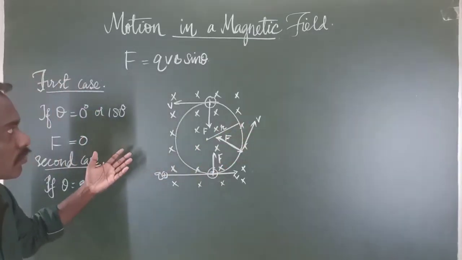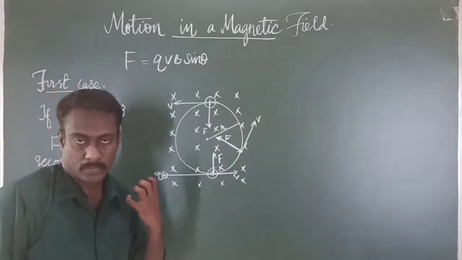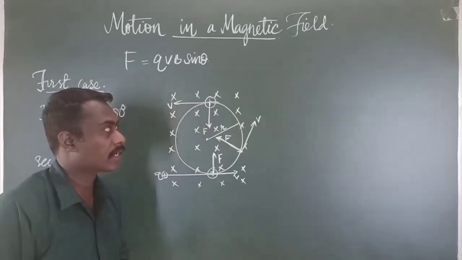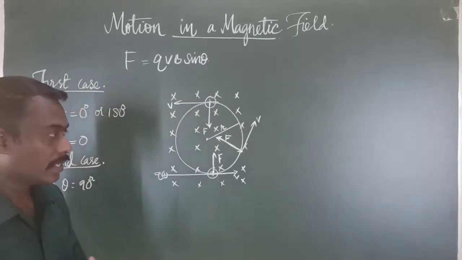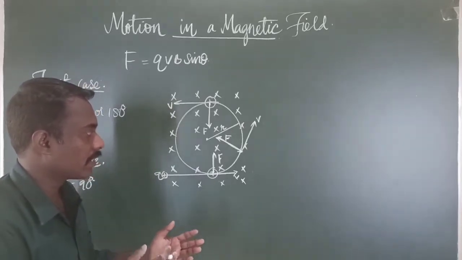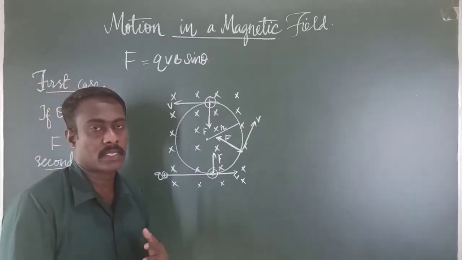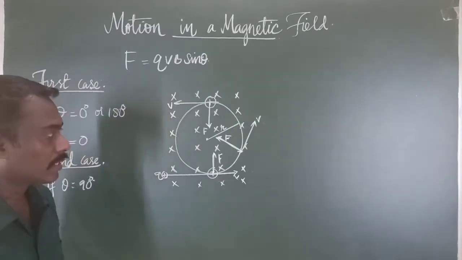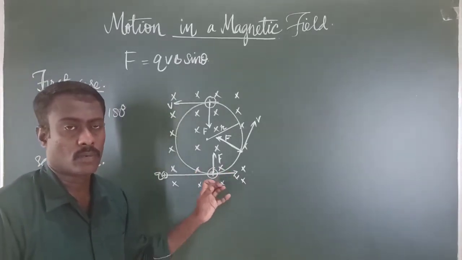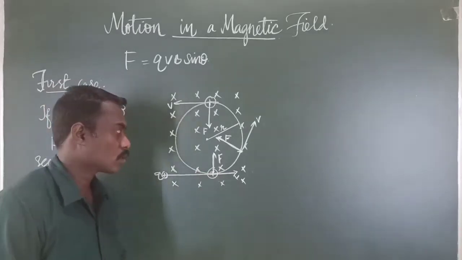In the previous cases, when we talked about the force on a moving charge in a current carrying conductor, we found that if the velocity vector and the direction of the magnetic field make a right angle to each other, then the force exerted on the charge will be maximum.